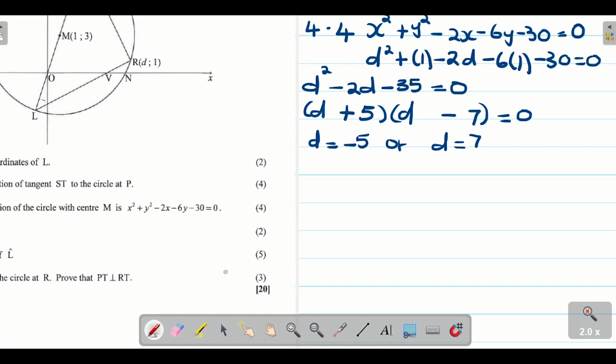So we are going to say, but D is greater than 0. Therefore, we have proven that indeed D is 7. Then we can go to the next question.